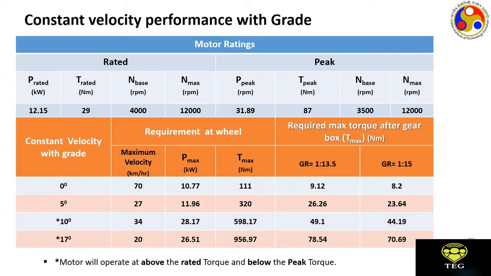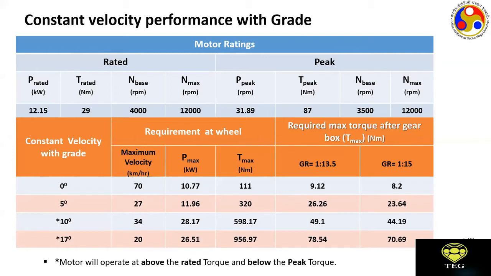And during the course of the analysis, we also saw the behavior of the vehicle when it has to climb a grade. So we saw what would be the torque requirement when the vehicle has to climb a grade of 5 degree or 10 degree or 17 degree, which are situations a vehicle might encounter. While going up a flyover or in hilly states, there would be situations where one has to go up the grade, and the requirement is that the vehicle should be able to perform at certain specified parameters when it's going up the grade.